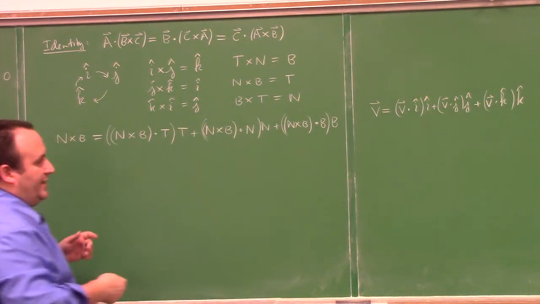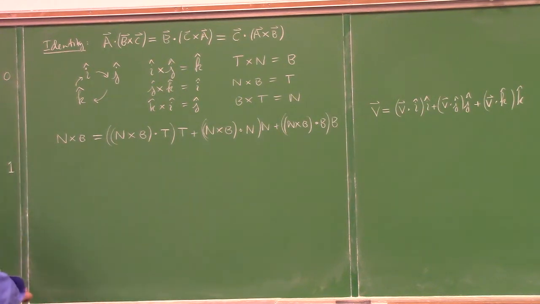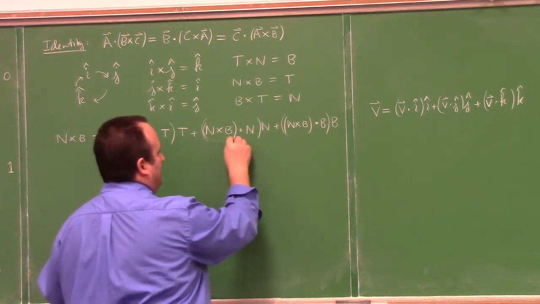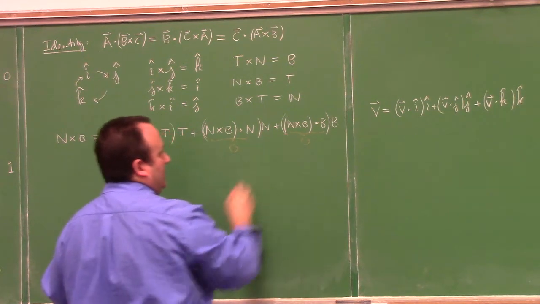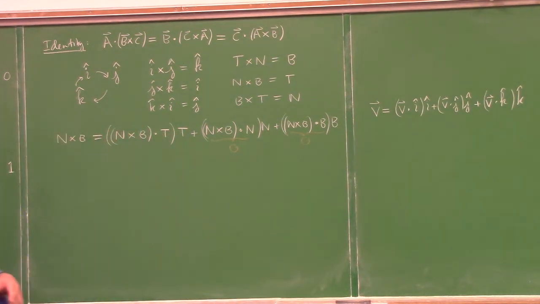So, and more than that, what else do we know? Well, hey, this and this are what? 0, right? Because the cross product is perpendicular to B and N. And so we're just left with this, right?